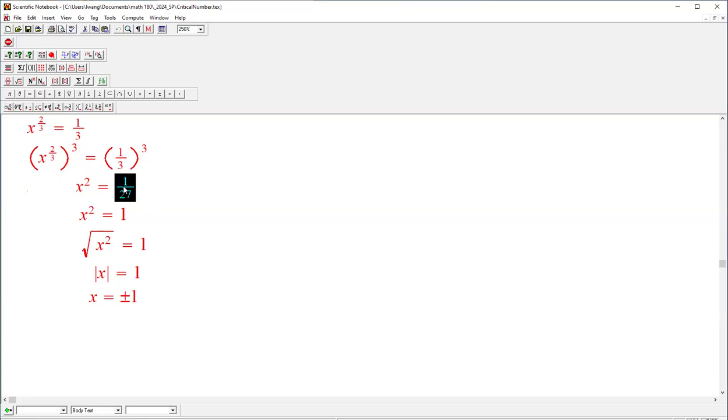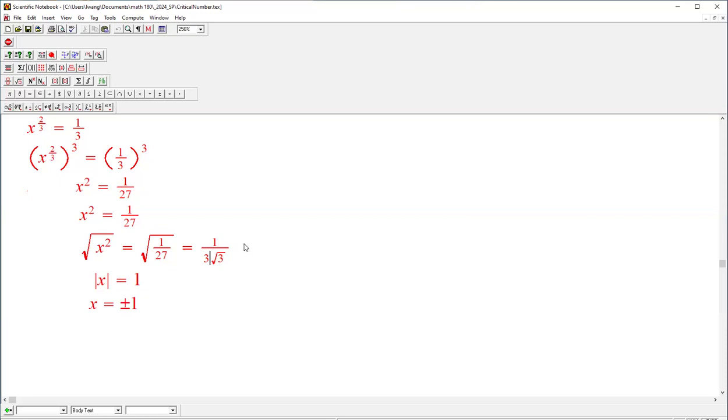It's 1/27, and we take its square root. 27 equals 9 times 3, so we have 1/3 of root 3.